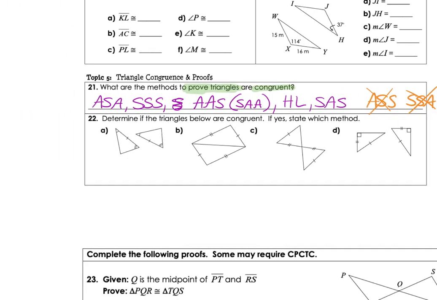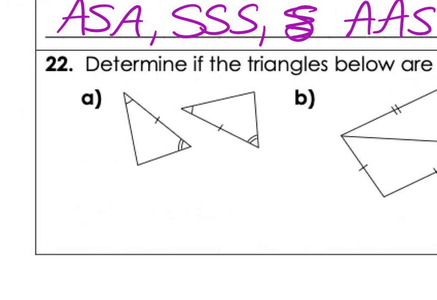Okay, so let's look at letter A here. Can you prove those two congruent? It's not AAS. ASA. Okay, here's the deal. You have an angle, you have a side, you have an angle.